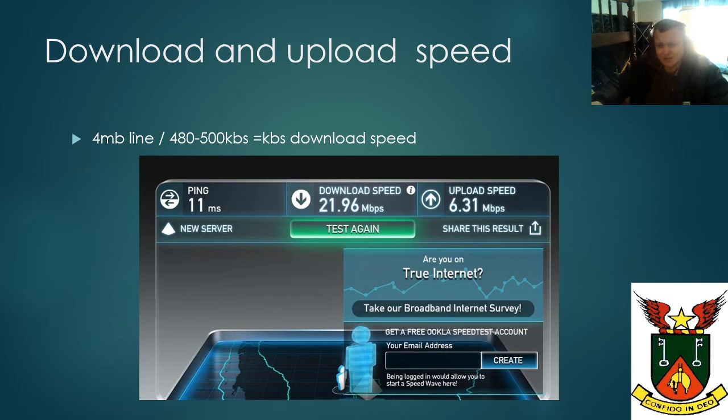How it works is, if it's a 4 meg line, the download speed is 4 meg, then you say 4000 kilobytes divided by 8. So each line you can divide by 8, then you can get the actual speed of the line, of the download. The same with the upload. If I have a 4 meg line download speed, 1 meg line upload speed, then you can take that 1 meg divided by 8, then you'll get the number of kilobytes you can download and you can upload.